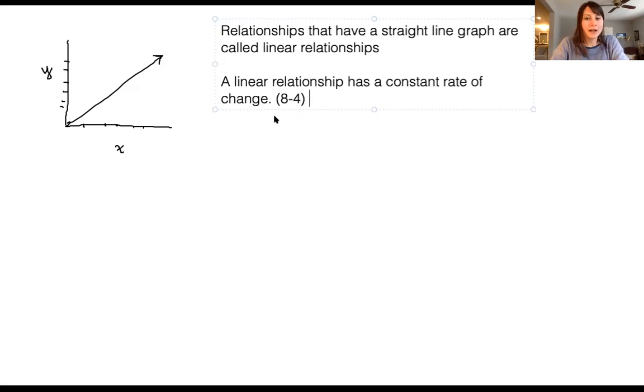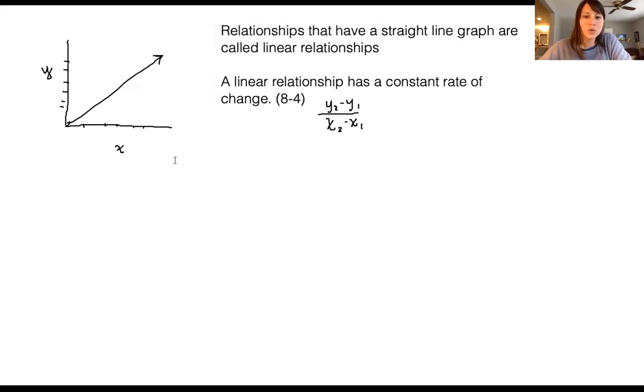Remember, the rate of change is the difference of the y's over the difference of the x's. So y2 minus y1. You're picking 2 points, finding the differences of the y's, and then finding the differences of the x's.